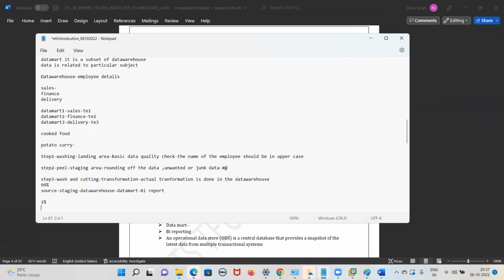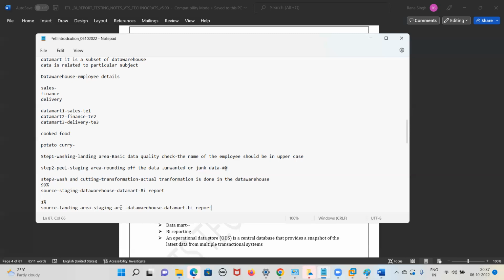You will tell the 99% one only, but for your knowledge, I'm telling you 1% use this one also: source to landing area, then staging area, then data warehouse, data mart, and BI report. Even less than that, so you don't need to tell this. The landing area testing can be done in the staging area only.